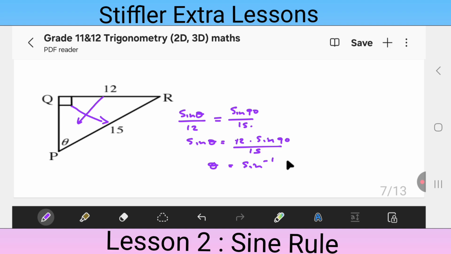Okay, 12 times sine of 90 all over our 15, which makes our theta being equivalent to 53.13 degrees.